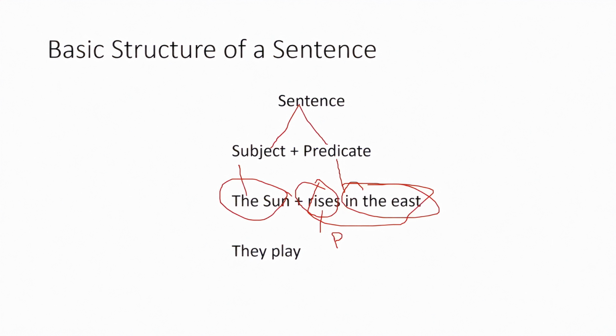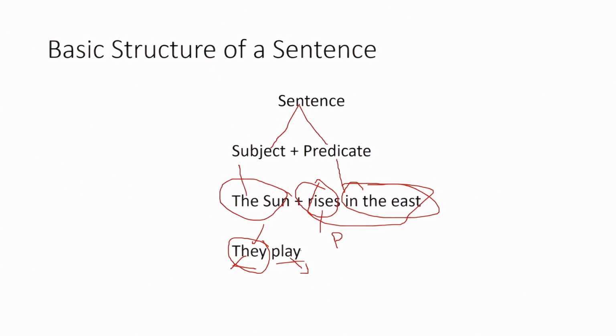Take another example. They play. In this sentence we have two words. One is they, second is play. So they is a subject and play is a predicate. Here the predicate consists of only one word, that is a predicator. Understand it?